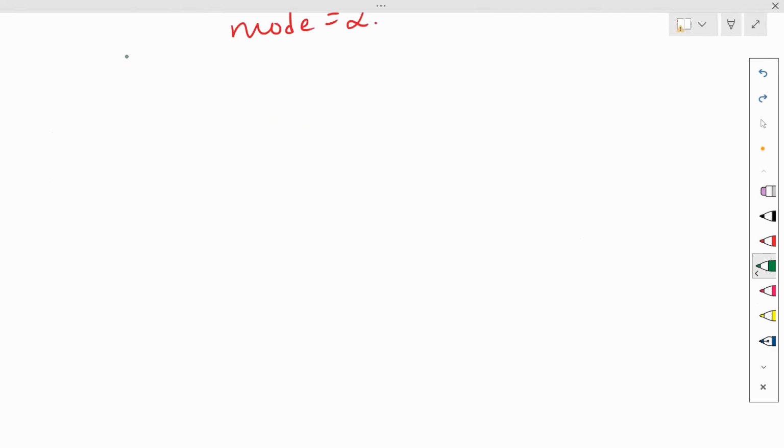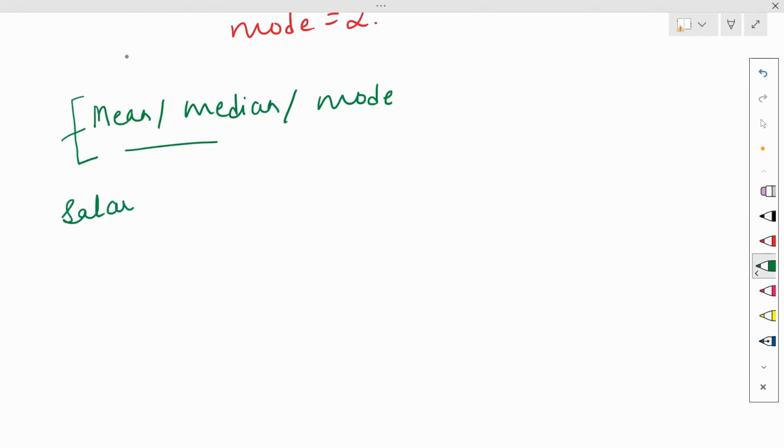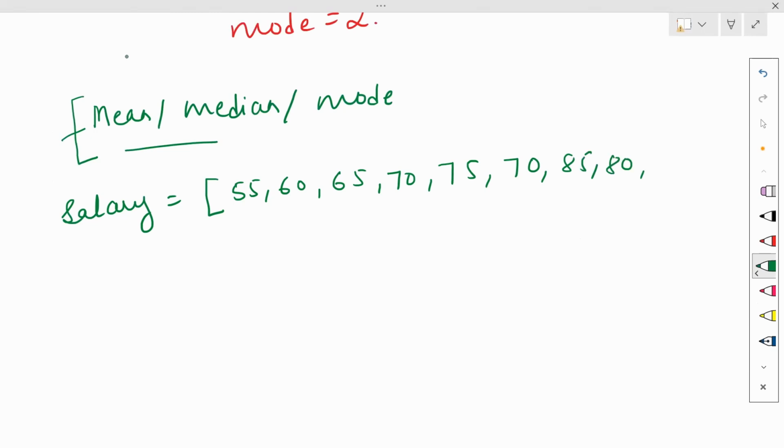So far we understood the basic definition of mean, median, and mode. Now let's understand where all these can be used practically. Let's take an example. If we have salaries of some employees like this: 55, 60, 65, 70, 75, 70, 85, 80, and 200.